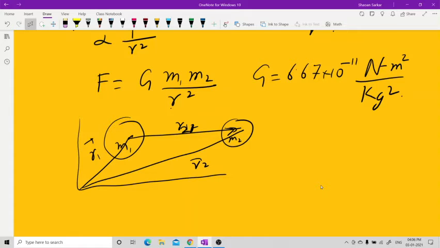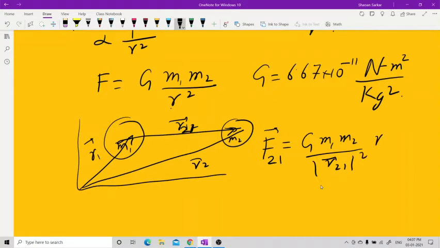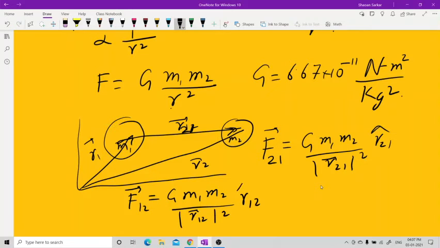So now the force on 2 due to 1 is G m1 m2 upon r21 mod square, times the r21 unit vector, and the force on 1 due to 2 is G m1 m2 upon r12 mod square, times the r12 unit vector.